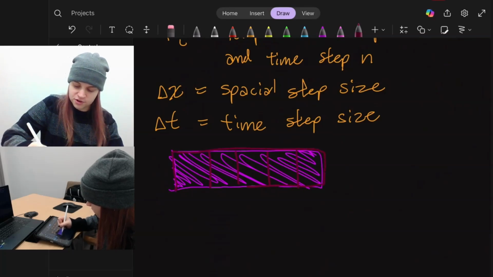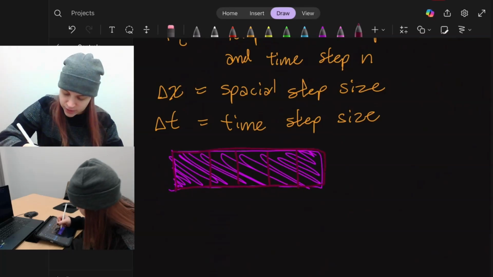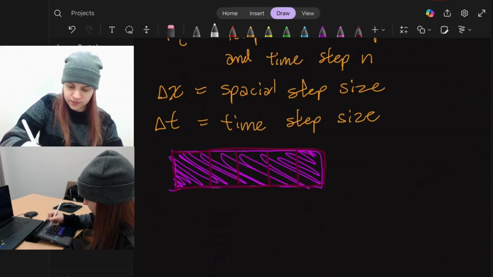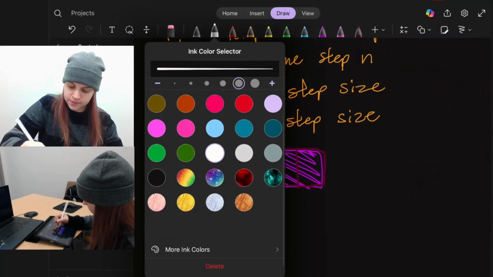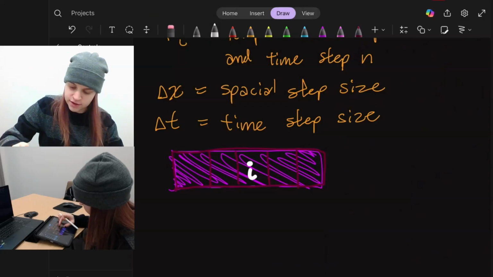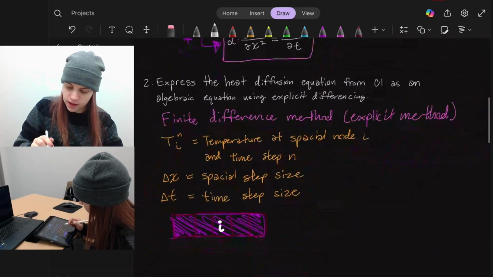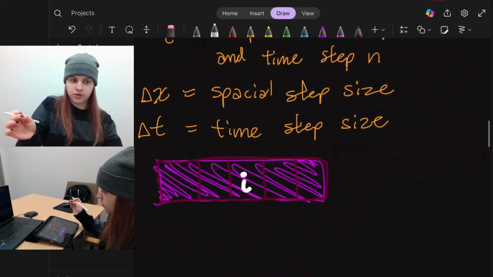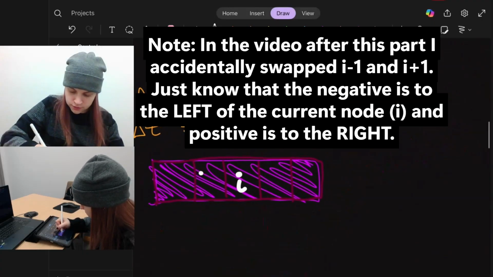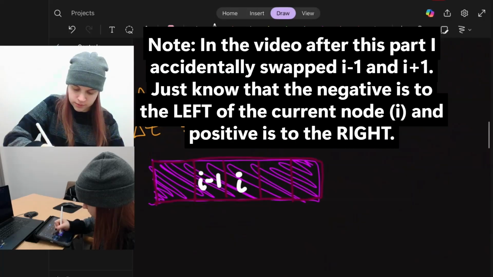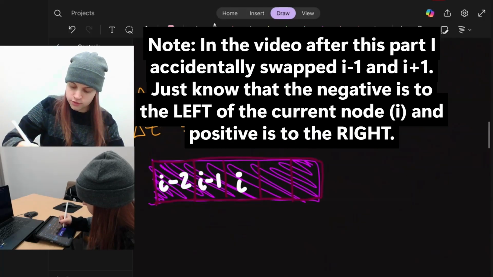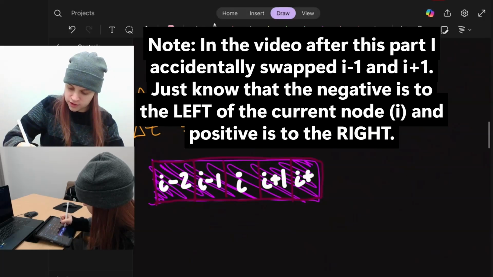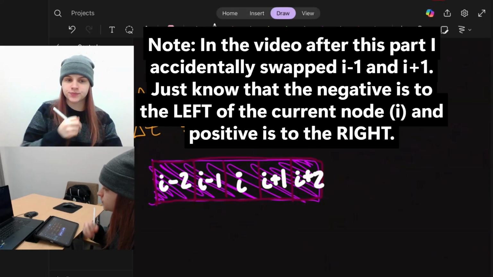Pretend that these are equally sized. We could call this one I. As I said above, I is the spatial node, and to the left we have I minus 1, I minus 2, etc., with positive in the right direction.